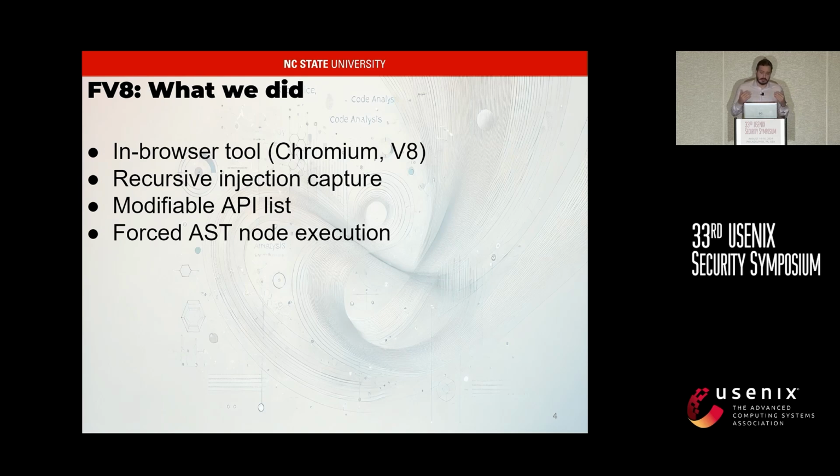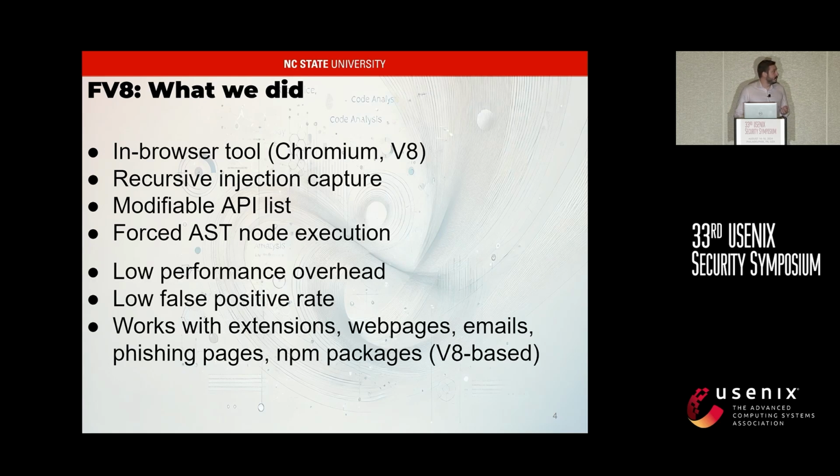This list is modifiable, but we'll talk about this in the future. We make our changes at the parser level of the Chromium execution, at the AST node level. This gives us a system with low performance overhead and a low false positive rate in the evasion detections.